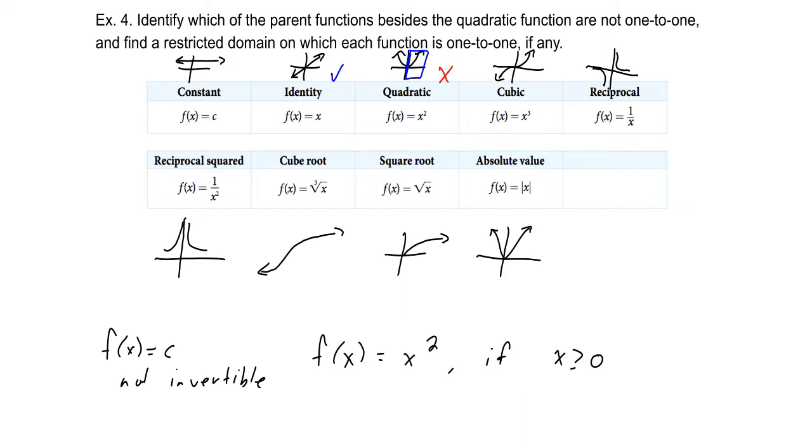All right. So now let's move on to the cubic function. The cubic function is one-to-one. A horizontal line will never cross more than once.